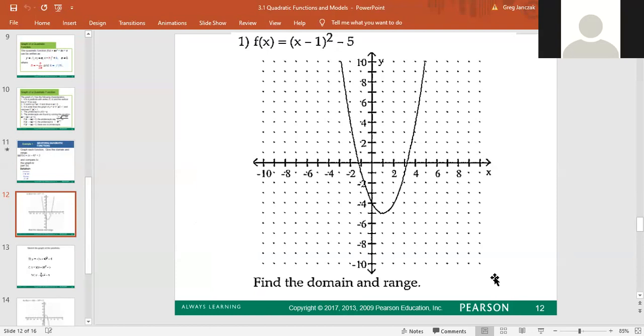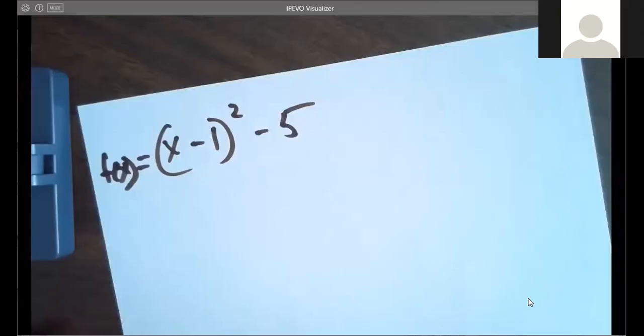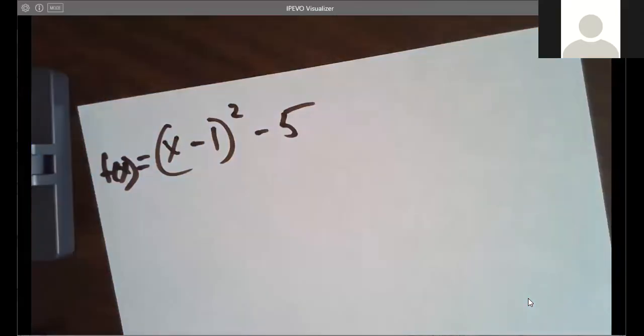Let's see why it looks like that. So we're going to graph it. Here we want to determine the domain and range.